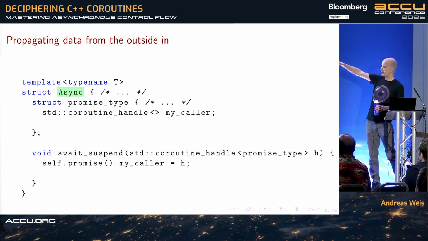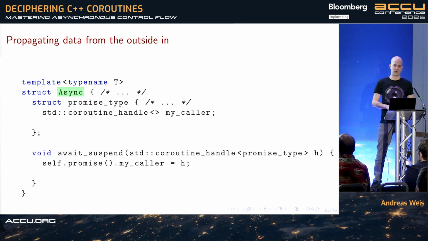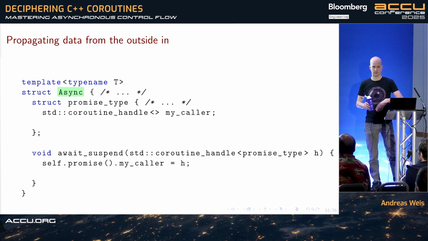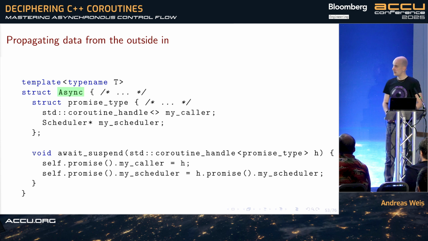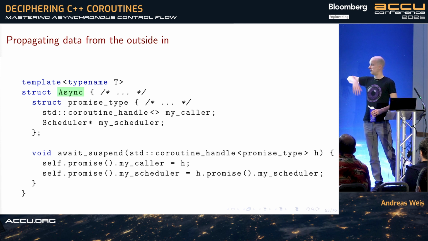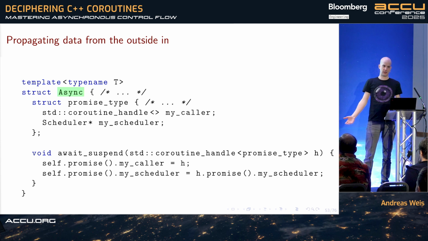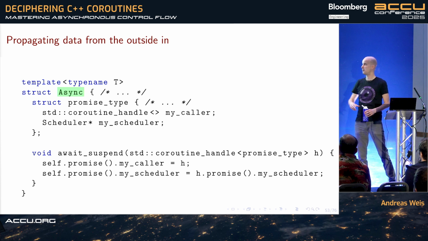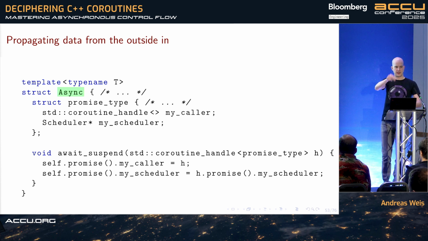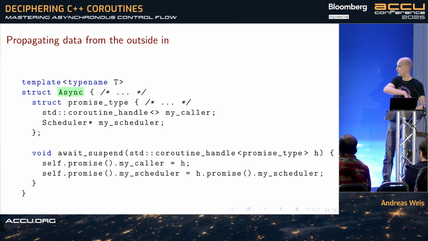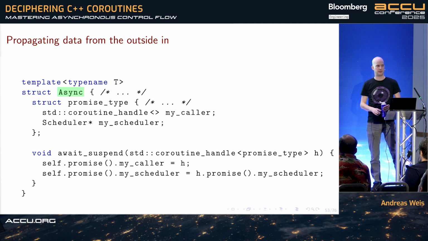We had this await suspend function down here on the bottom where we established the links from each function to its caller. So if my caller already knows about some context, I can just propagate that context along, right? Because I'm establishing links here between the elements, so any data that is already available on the outer layer, I can just propagate that down.